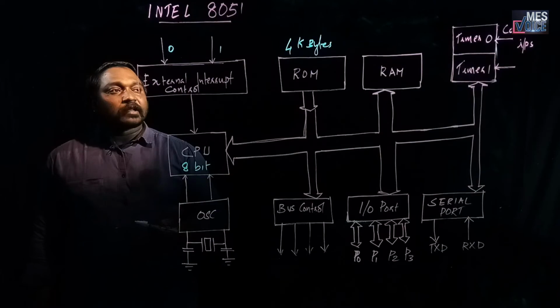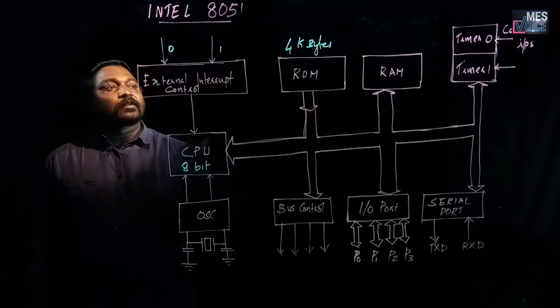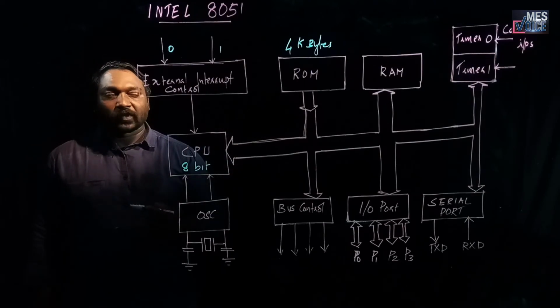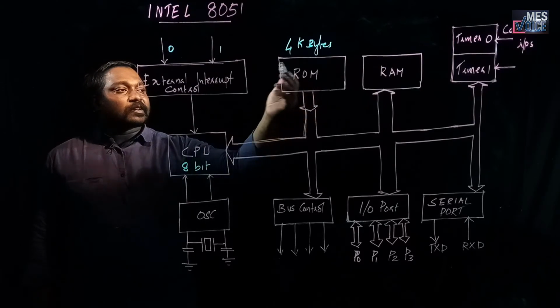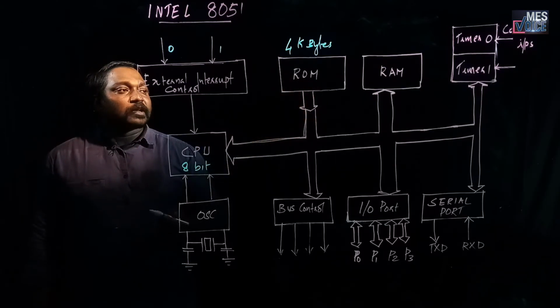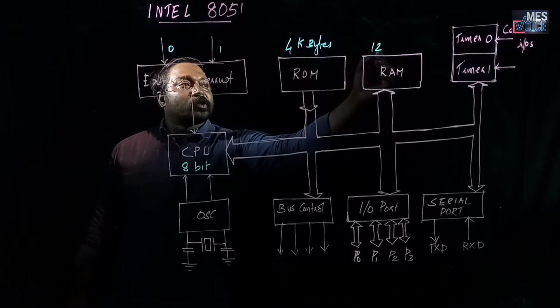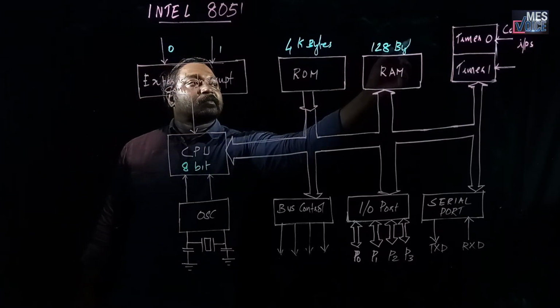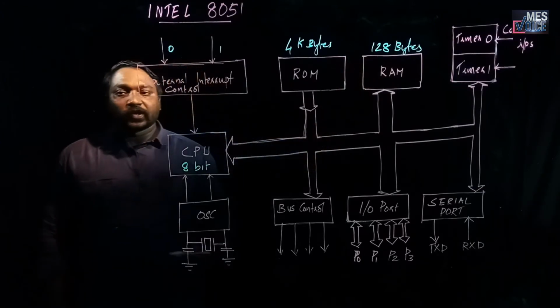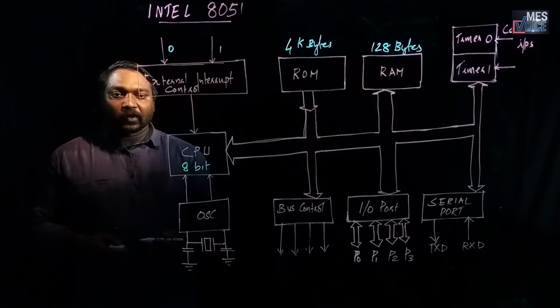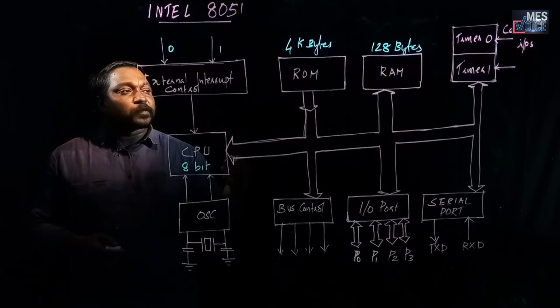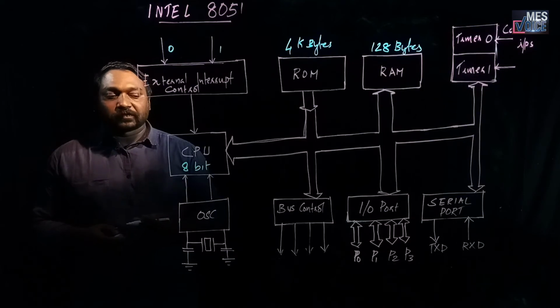And there is a RAM, random access memory, with a size of 128 bytes, which can store the temporary data and the data to be processed during operation.